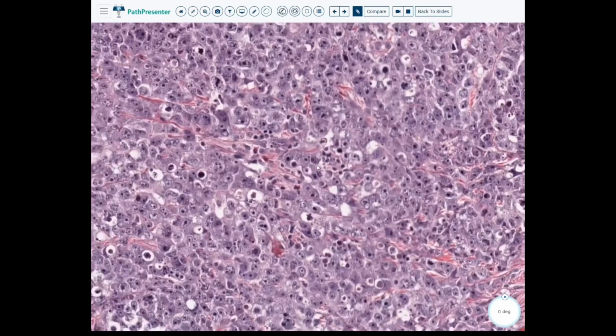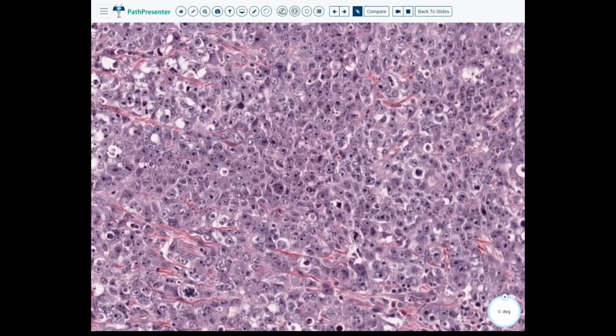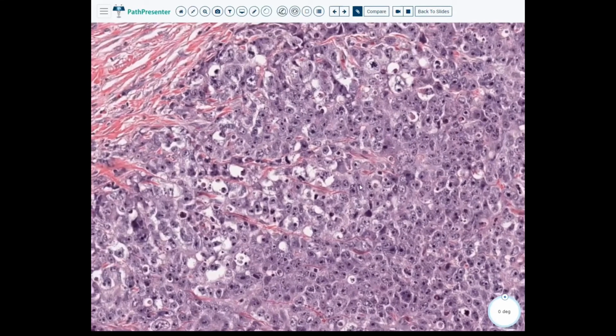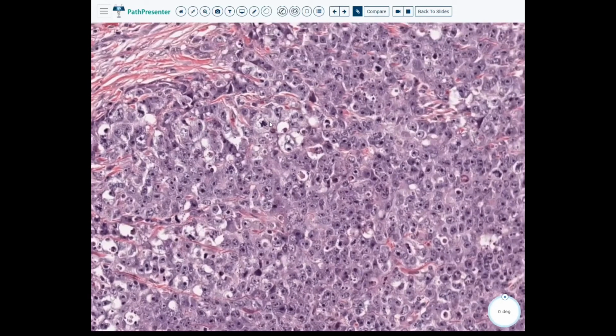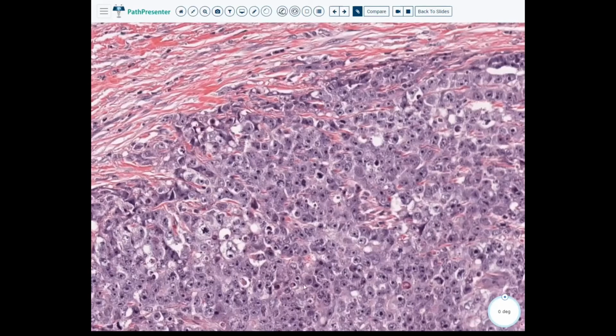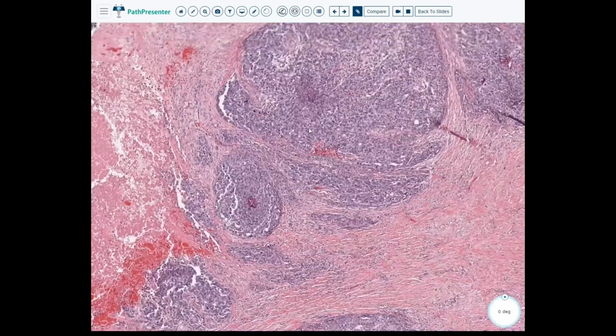Anything else that we can really talk about? There is overlap between the cells. Areas even where it almost looks like molding. I don't think it is, but it kind of has that same appearance. Lots of mitotic figures. Just a very ugly looking tumor.